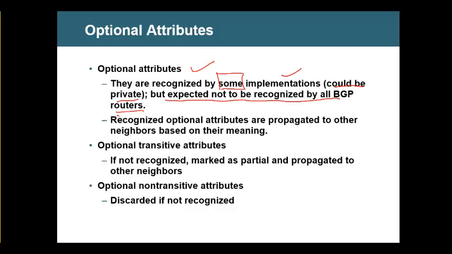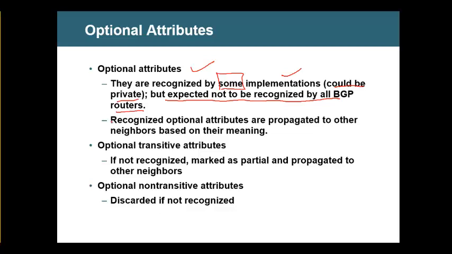So those attributes that are not really expected by every BGP router, maybe there are some attributes which are only on Cisco devices, some attributes only on Juniper devices.